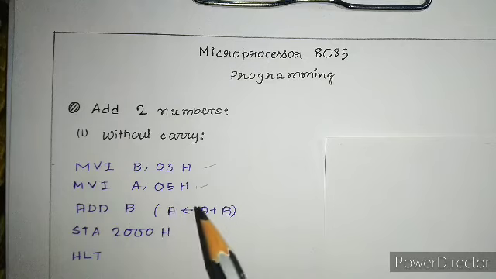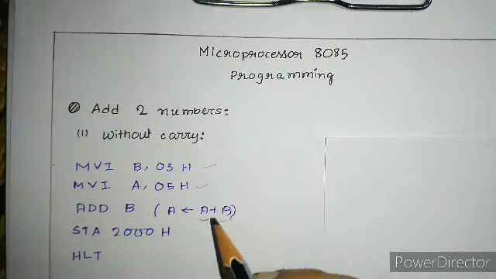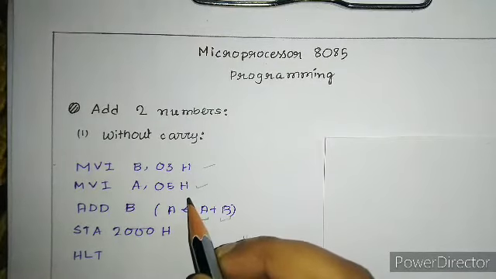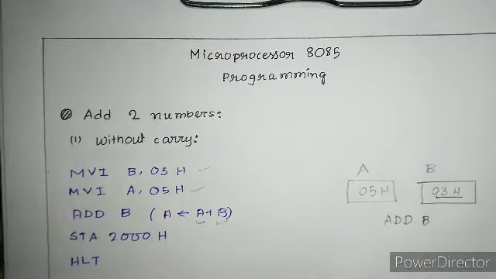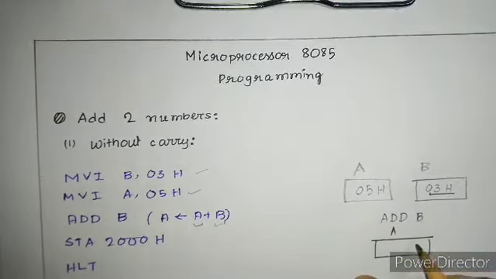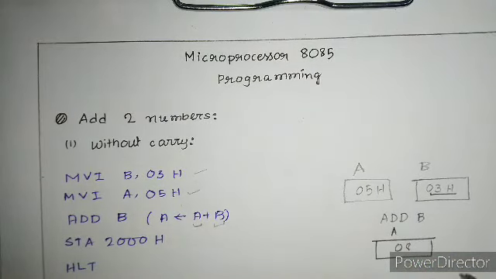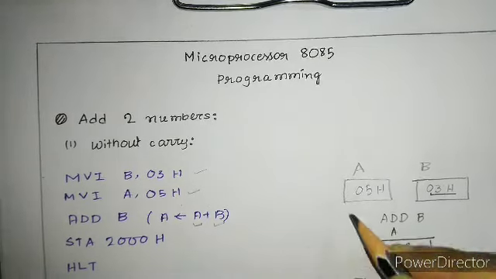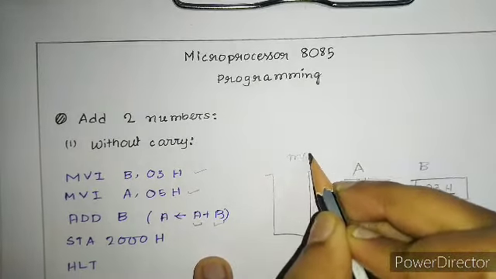Now ADD B. What does this suggest? Add the numbers stored at A with B and store their result at A. Okay, so we have performed this operation ADD B. Now in A, the result will get stored, which is 08. Okay, then what we have to do? Store this result at a particular memory location, which I have taken at 2000H.